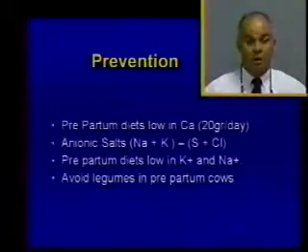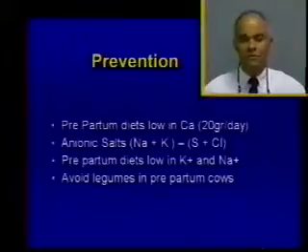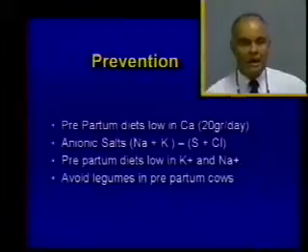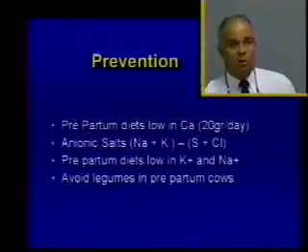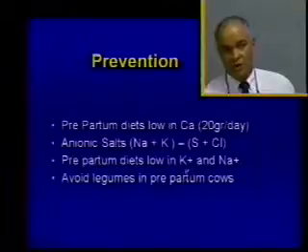So the latest technique that we use on dairy farms to reduce the incidence of milk fever is to feed these anionic diets, which are high in sulfur and chloride. Conversely, we want to feed diets that are roughages that are low in potassium and sodium.